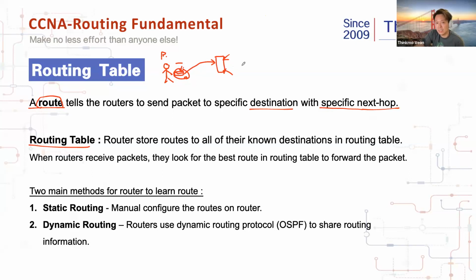According to the destination address, the postman will send the letter to the next step. This postman may be in charge of just a certain delivery area. If the receiver is staying within the area, then the postman will directly deliver to the receiver, right?